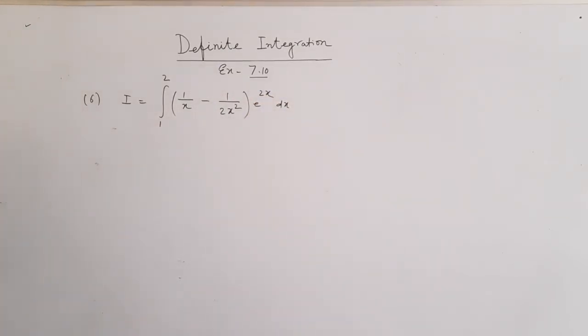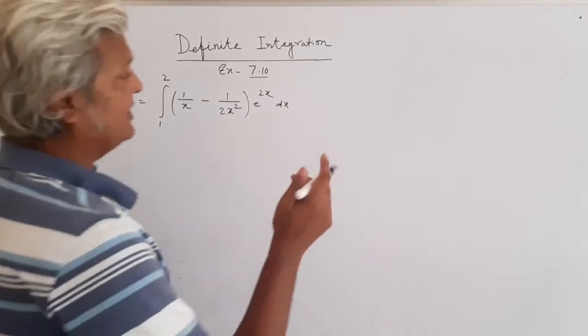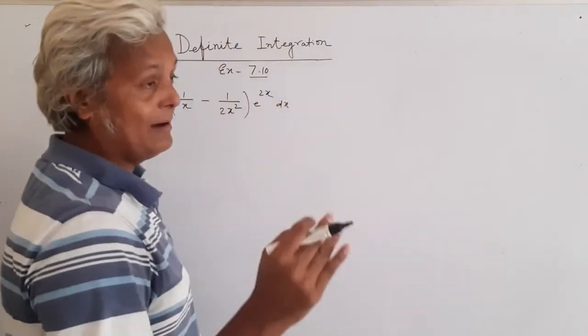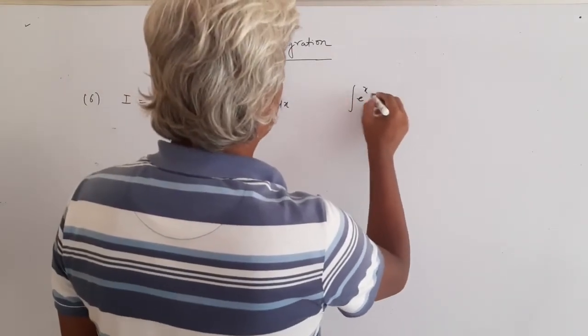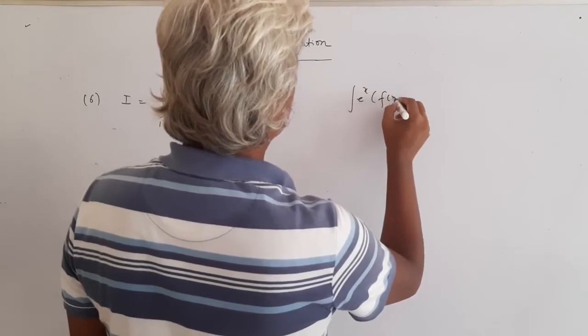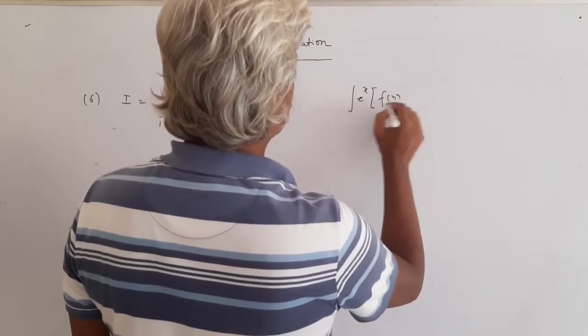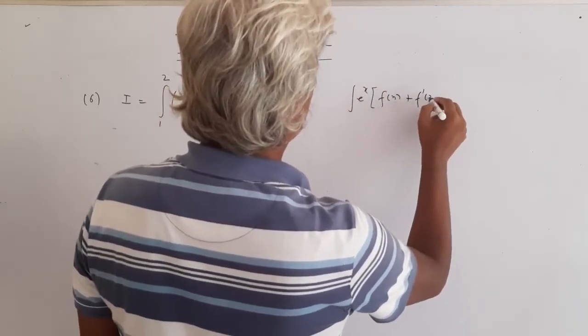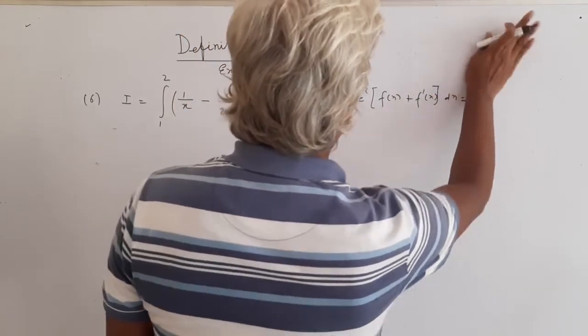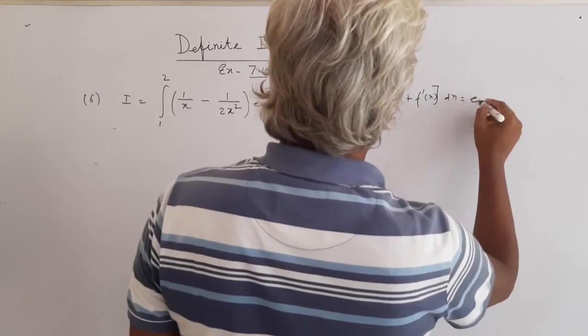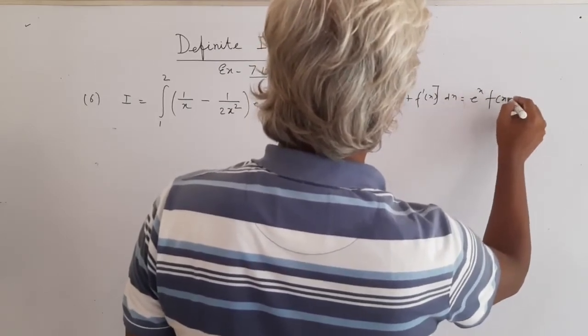Now this is directly in the form of the method of substitution, but the problem is that, as I help you to recall, the form was integration e to the power x, f x plus f dash x dx, and that eventually became e to the power x f x.